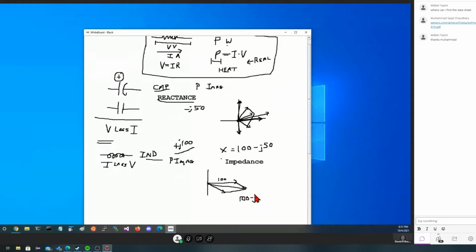Minus J, and whatever distance this is. Here, let's say that was 50 ohms of reactance. And then this number here becomes the impedance, the whole thing is in ohms, of a circuit which has a 100 ohm resistor and, in this case, 50 ohm reactance. So what we need to see is how do you derive a number like reactance from a capacitor?